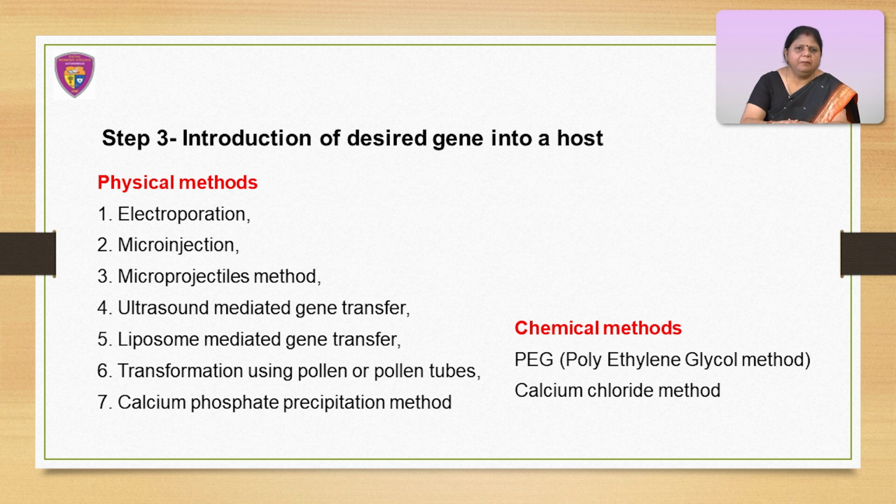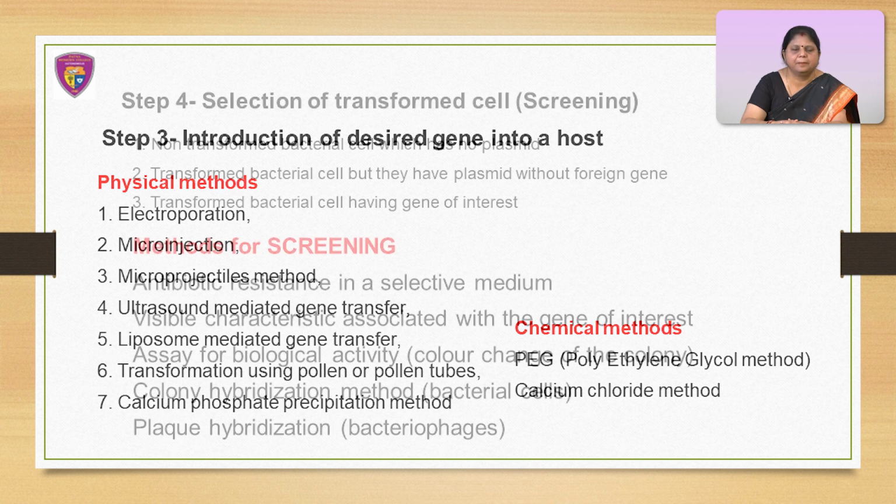Now, there are chemical methods also which includes polyethylene glycol method, commonly known as PEG method, calcium chloride method. Generally, bacterial cell can easily be transformed by taking up the plasmids carrying foreign gene, and this process is known as transformation. By using any of the above method, we can transfer the human insulin gene into a suitable host like E. coli for expression and multiplication.